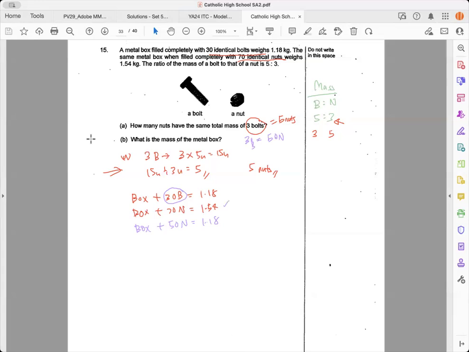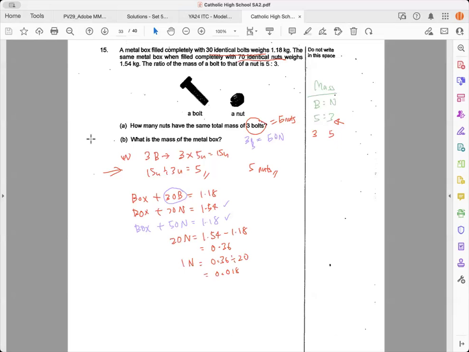Now I can use this statement minus this statement. On the left side, I will get 20 nuts, 70 minus 50. On the right side, I get 1.54 minus 1.18, which is 0.36. So the mass of one nut will be 0.36 divided by 20, which is 0.018 kilograms.